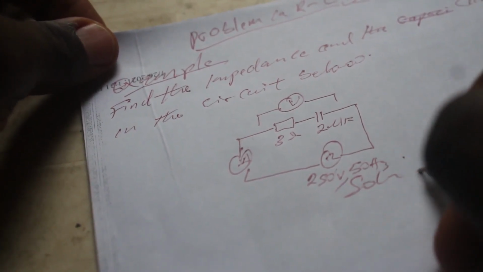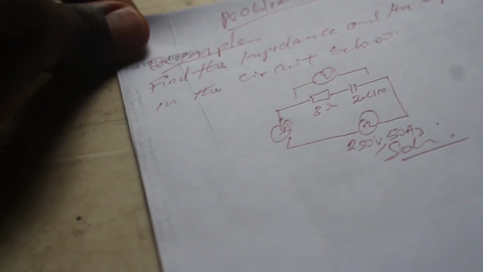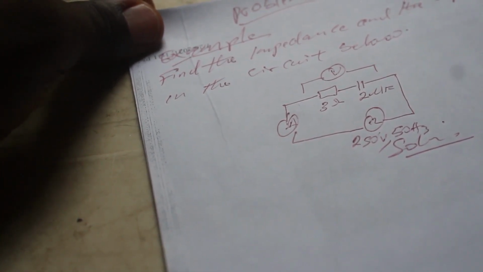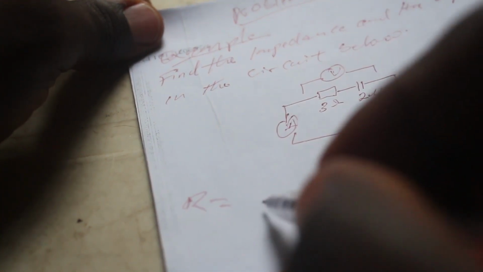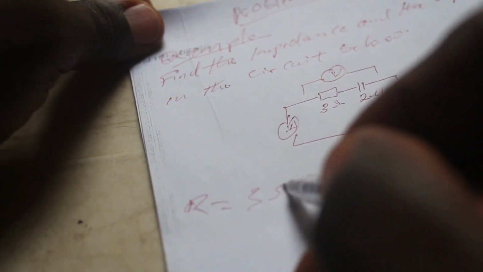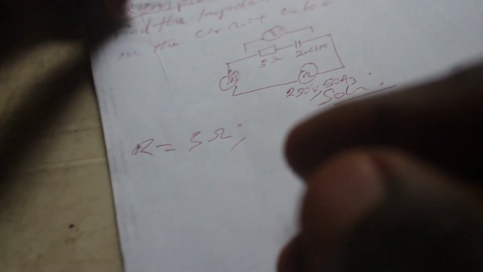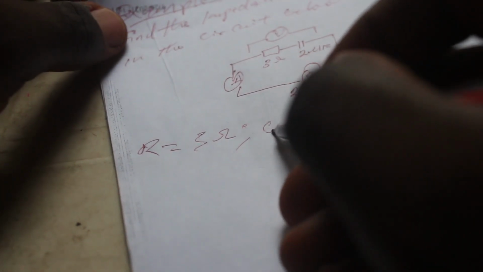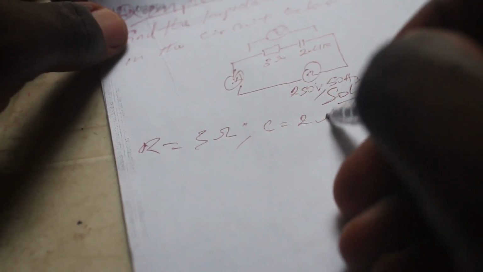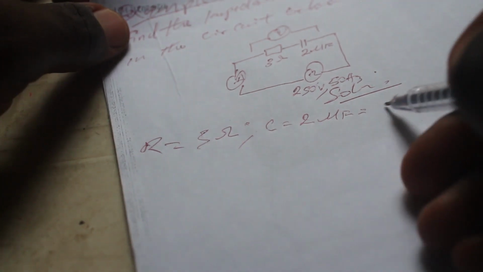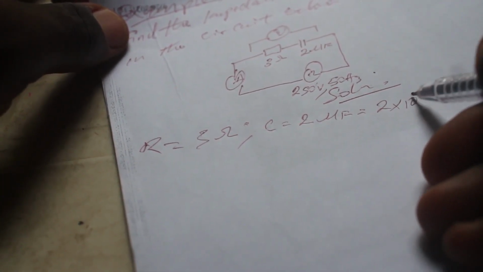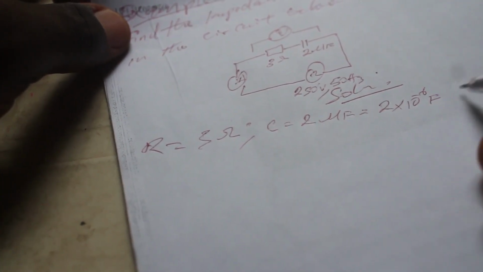So we have the solution. Now the first thing you should do is to write out all the quantities given to you. What are the quantities we have? Resistance was given to us, and it's 3 ohms. Capacitance was also given, 2 microfarad, which is the same thing as 2 times 10 to the power of minus 6 farad.